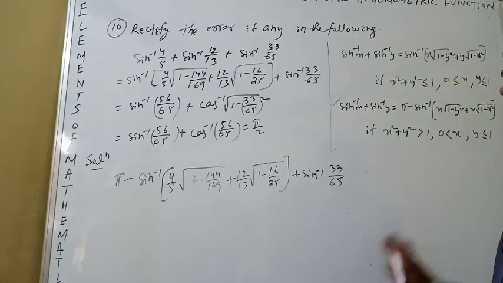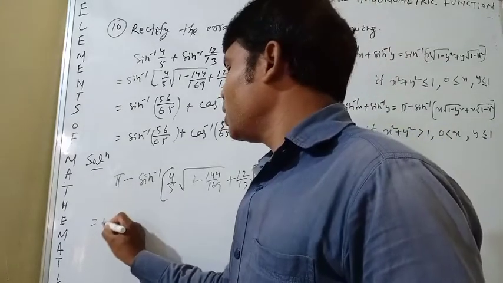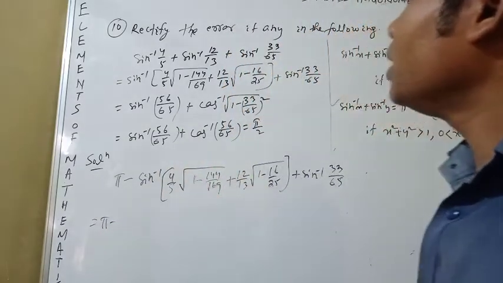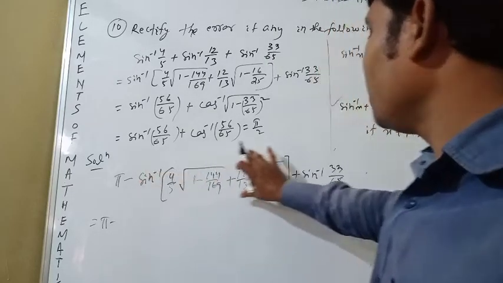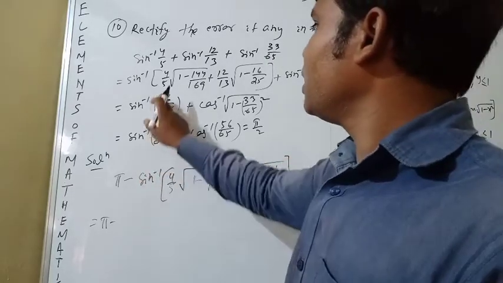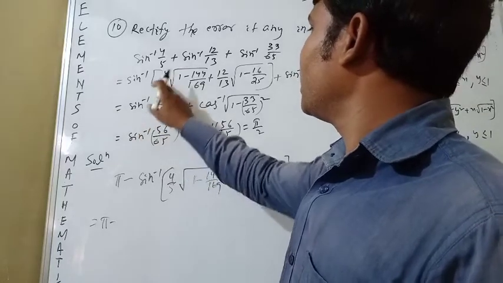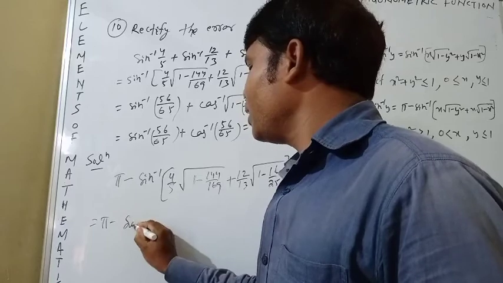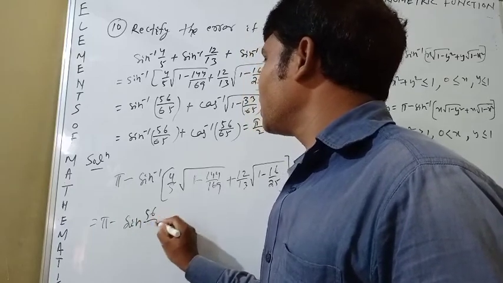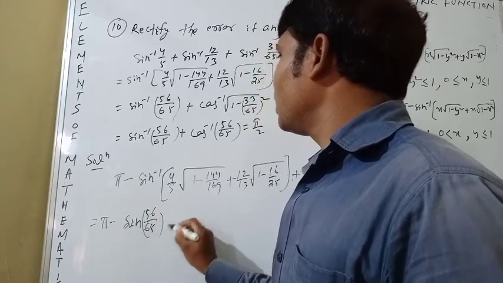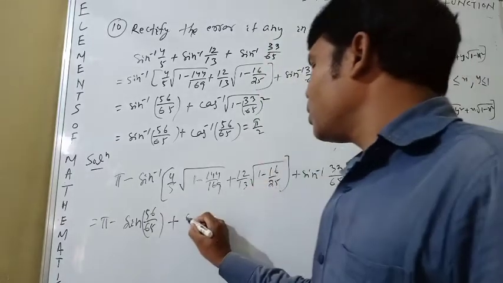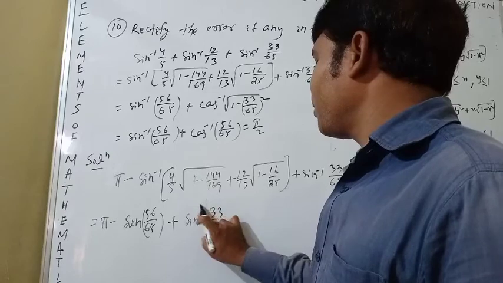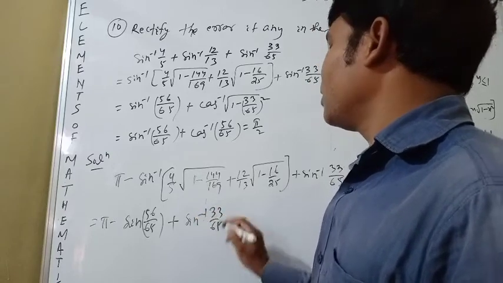Overall, if you simplify, you get 56 by 65. So this is equal to pi minus sin inverse 56 by 65 plus sin inverse 33 by 65.